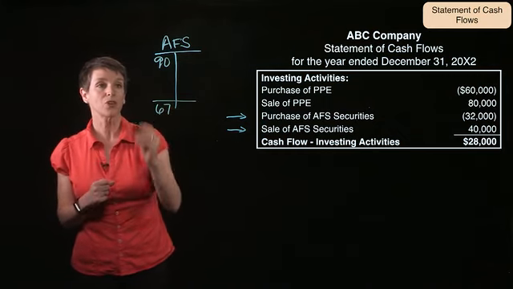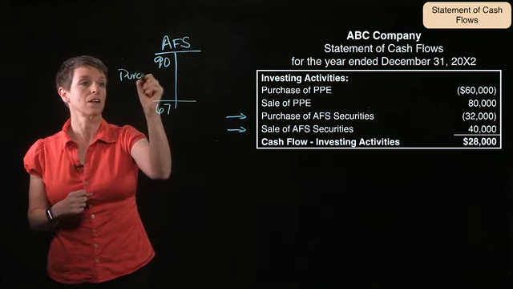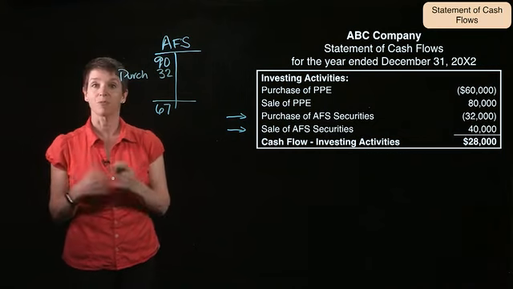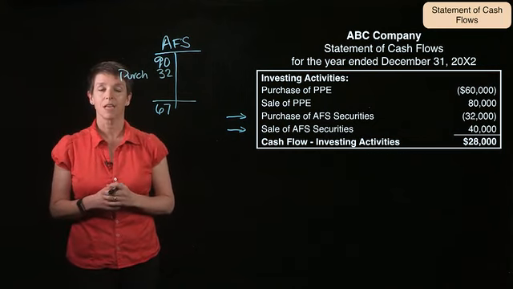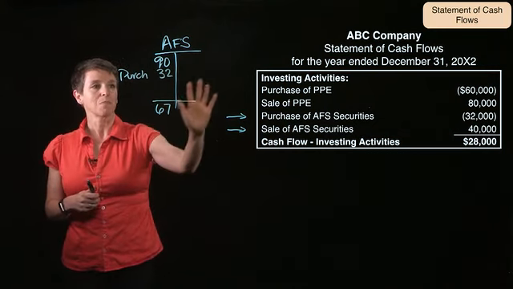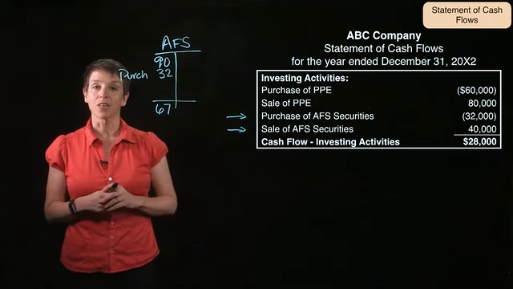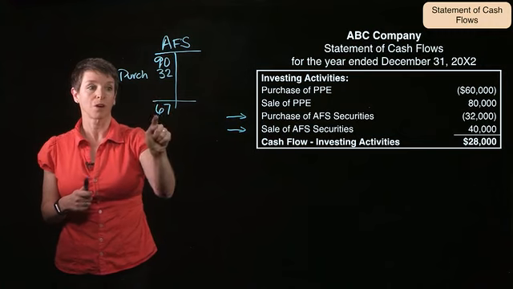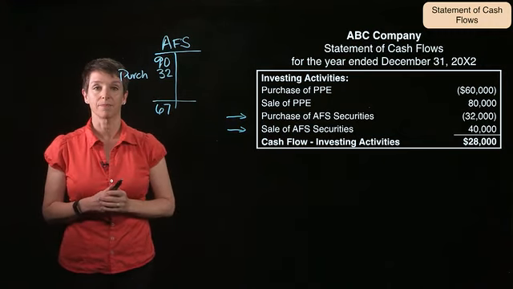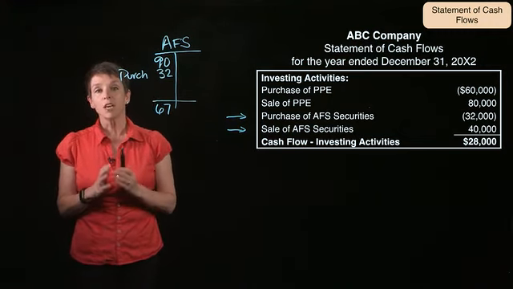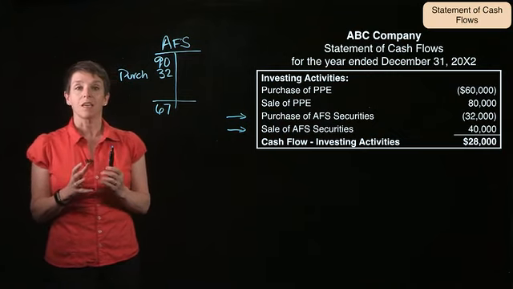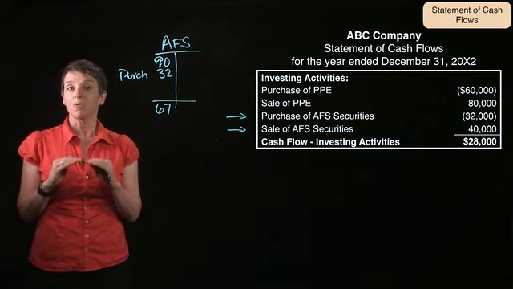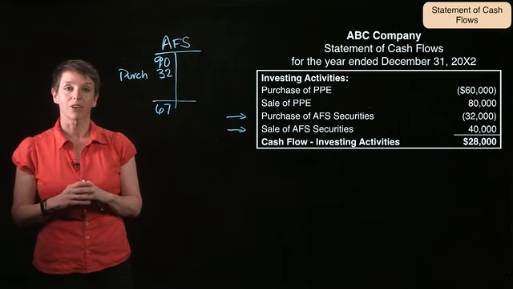We know that purchases were made during the year of $32,000, because that information was given to us. Now we can see that there must have been something that happened during the year to cause us to go from these amounts to our final of 67. If you look at the balance sheet, you'll see that in the equity section, there is an accumulated other comprehensive income figure.